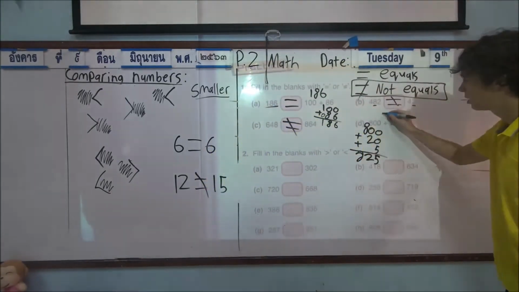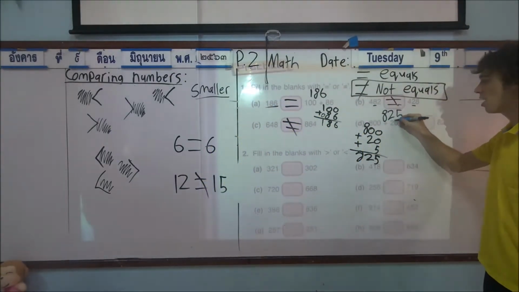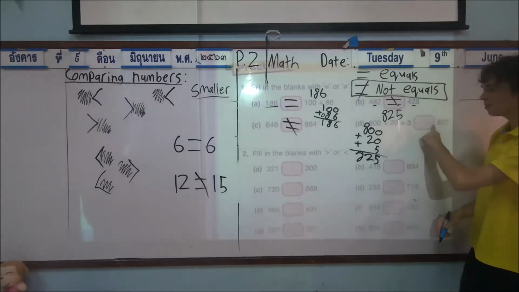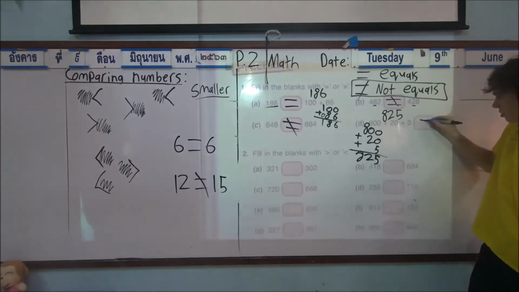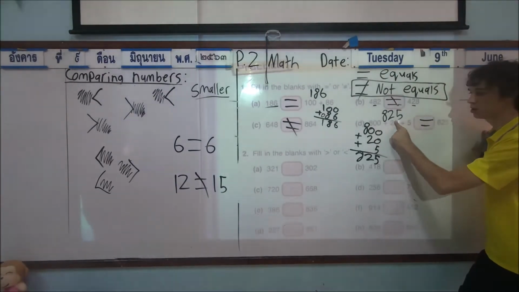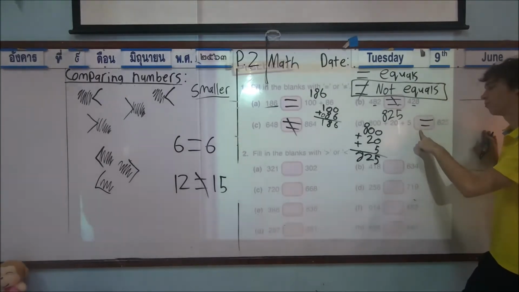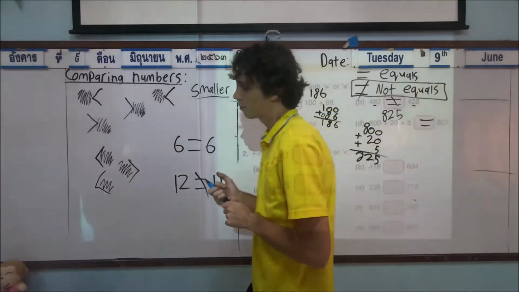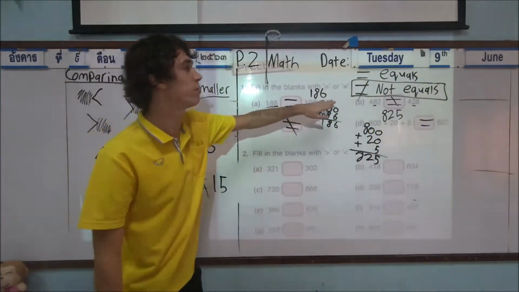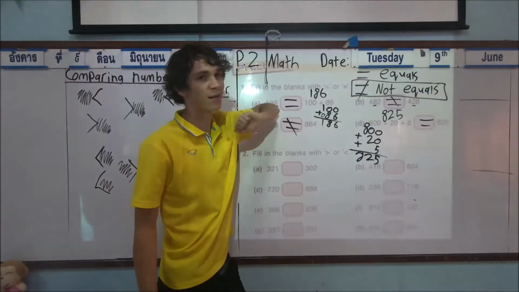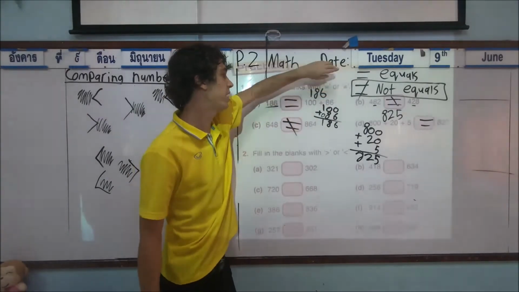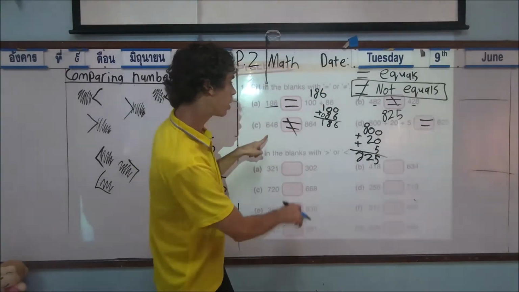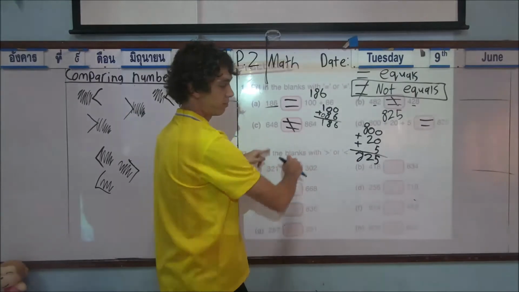So this is 825. Is that the same? Yes. 825 is the same as 825. That is easy. Just tell me equals, not equals, the same, or not the same.